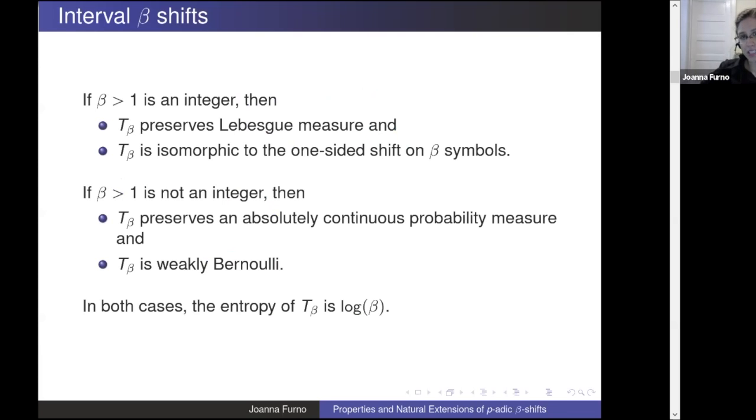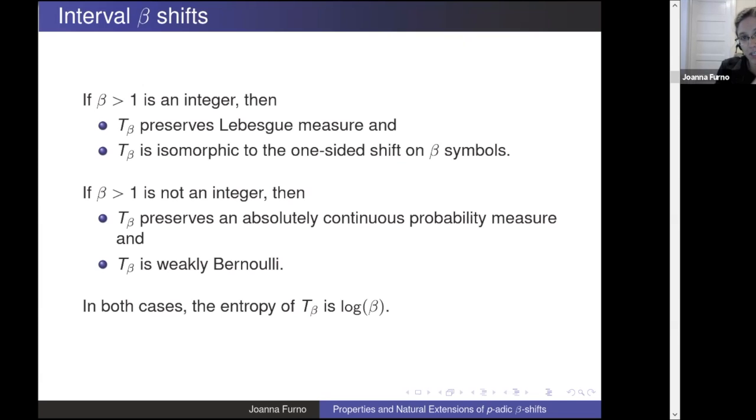Here are some properties. I'm not going to give formal definitions for everything here, maybe just more of an idea of what they mean. So we definitely have a break into whether beta is an integer versus not an integer. So when you're an integer, you're going to have these slopes that are starting from your 0, 0 corner, and they end at your 1, 1 corner exactly.